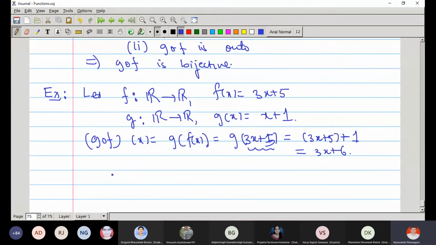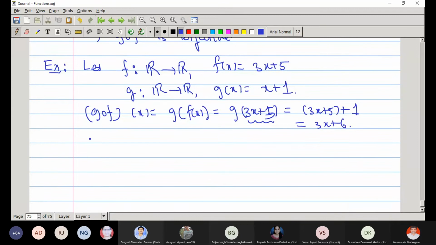Now what is the preimage of 10 under G composite F?